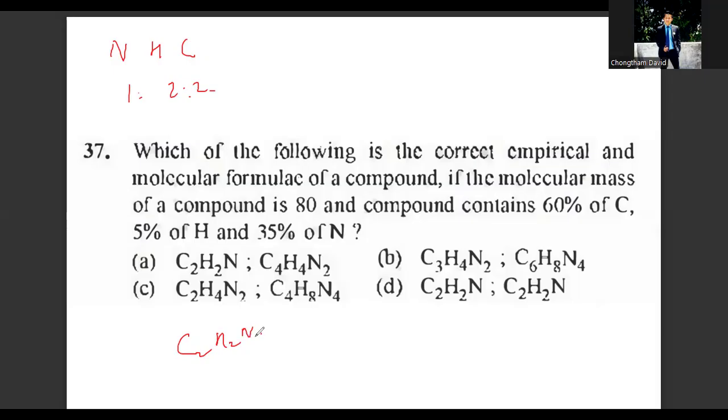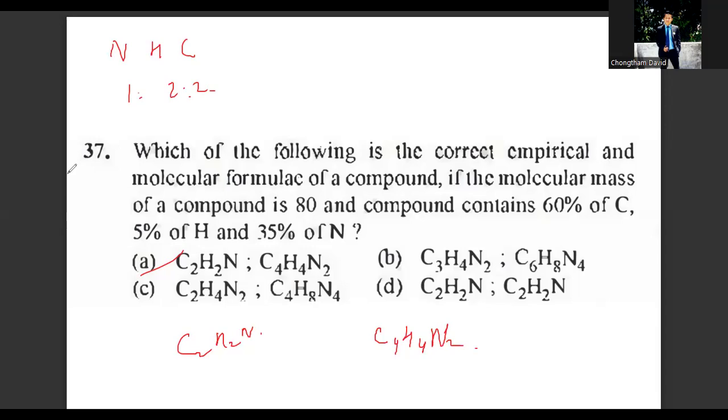The empirical formula mass will be 40 and the molecular mass is 80. So the molecular formula will now change to C4H4N2. So option A is the answer for question number 37.